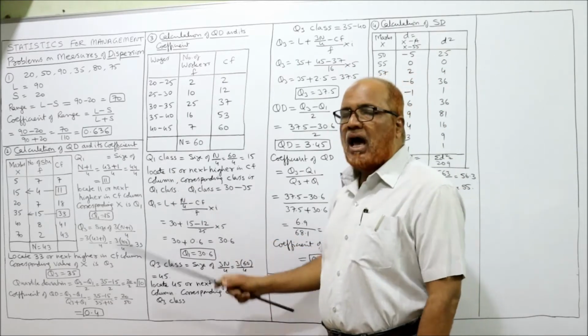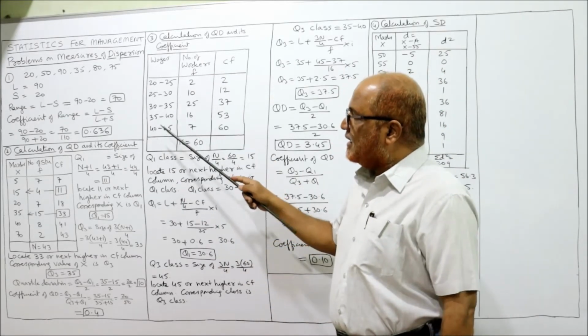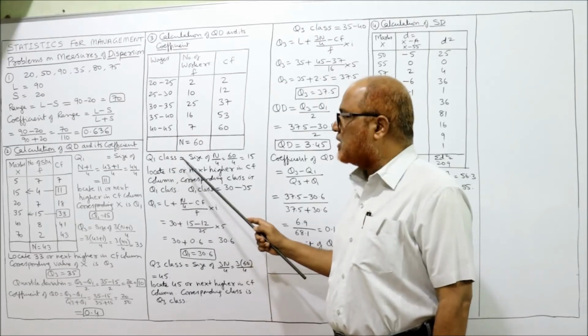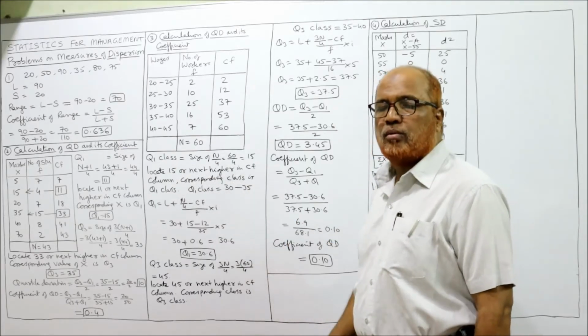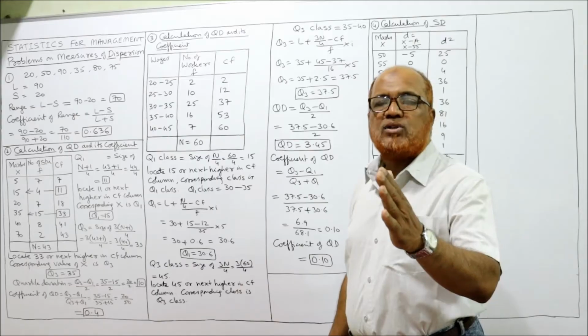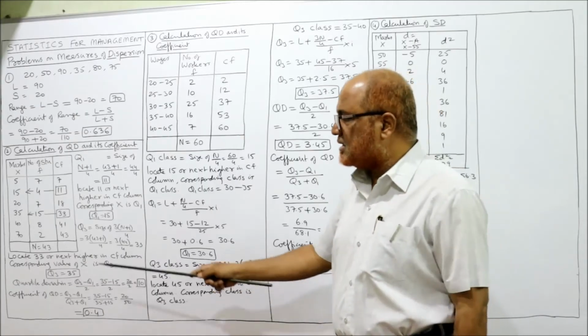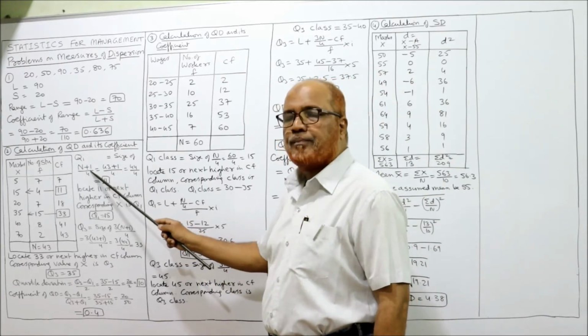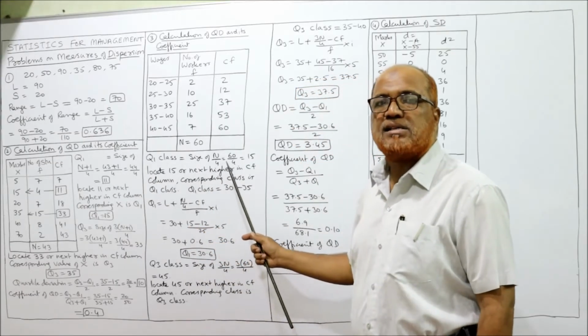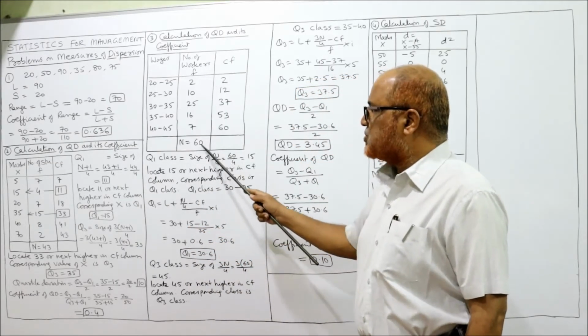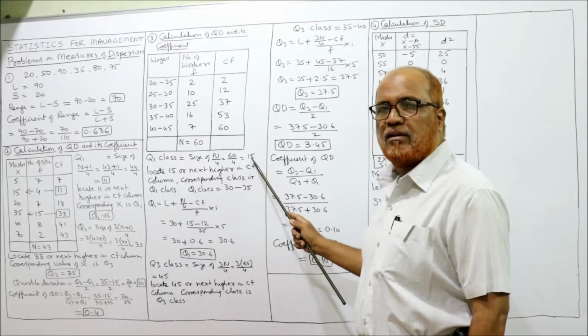Now Q1 class, because there is class interval, Q1 class is equal to size of n by 4. Remember, for individual series and discrete series, it is n plus 1. For continuous series, it is n by 4. So 60 divided by 4 is 15.